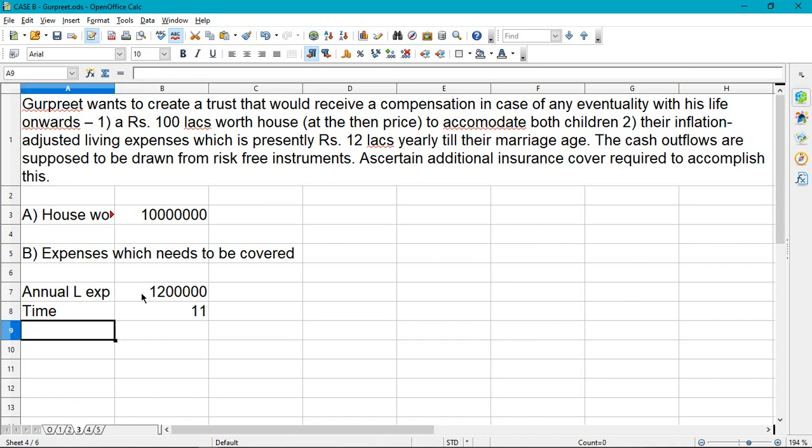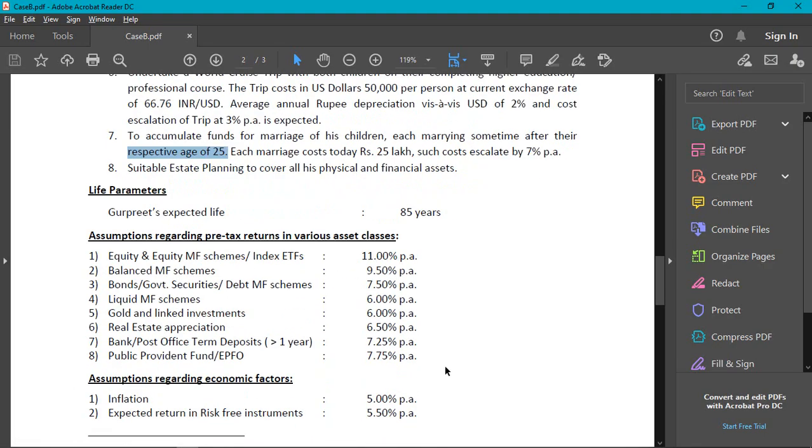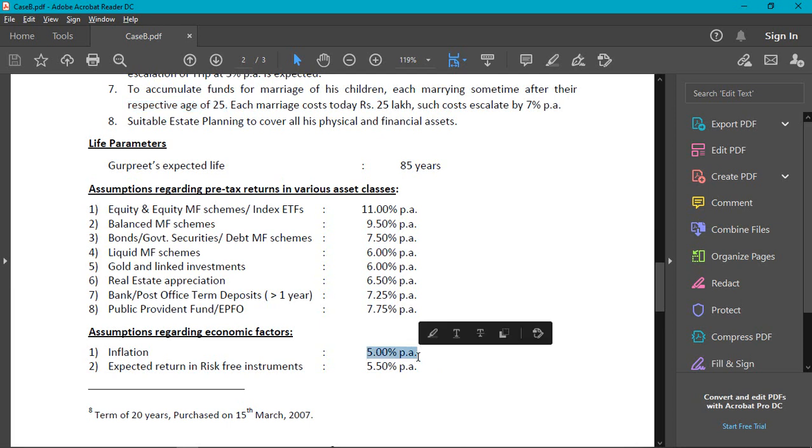So we have 11 years from now to accumulate the whole corpus, right? What is the inflation? We should remember it. We shouldn't go back every time to see the inflation rate. But as I'm solving it in front of you, I'll just quickly check. It's 5%, right?